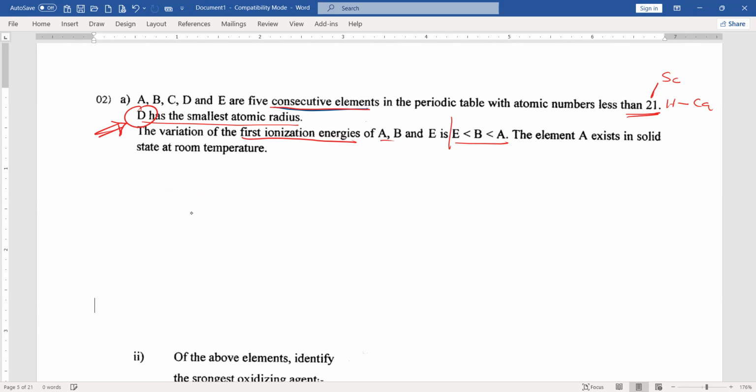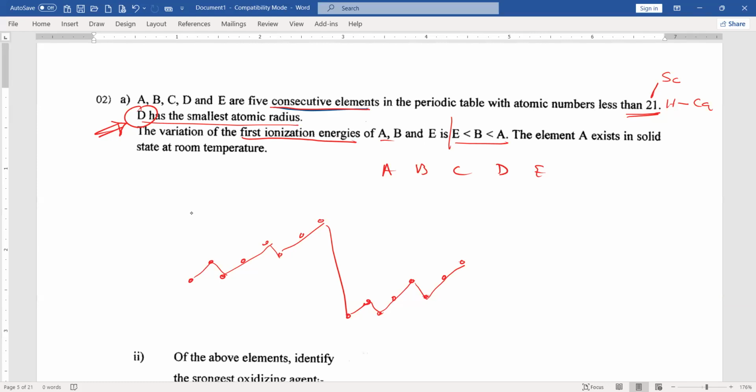I will just first write the ionization energy graph for this. First group, second group, third group, fourth, fifth, sixth, seventh, eighth, like this. And again, it is increasing. Then we have to find something like this. Elements are A, B, C, D, E now.